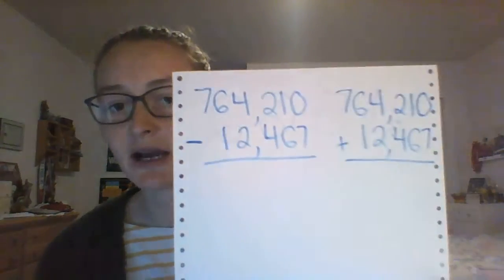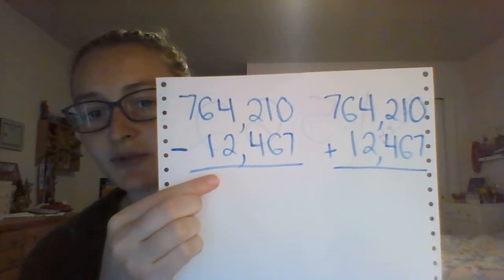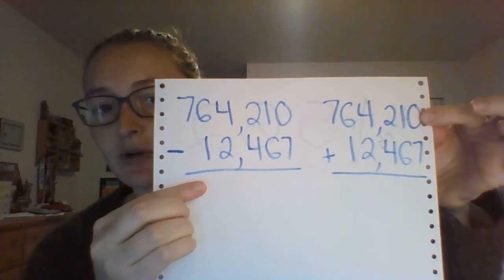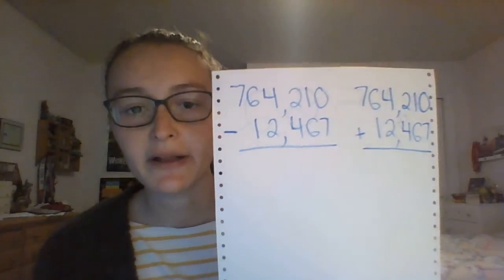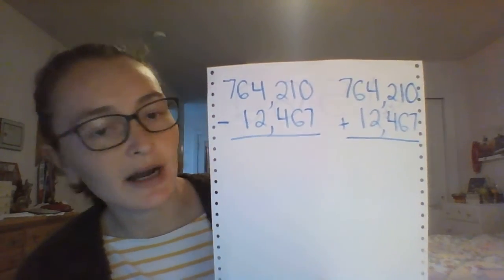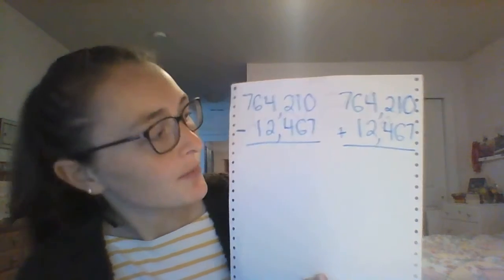Okay, so here is how we're going to set them up. On the left, we have them being subtracted. On the right, we have our numbers being added. And again, the most important thing when we are doing this is to line up the digits that have the same place value.